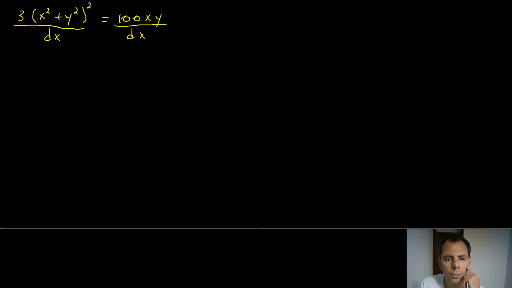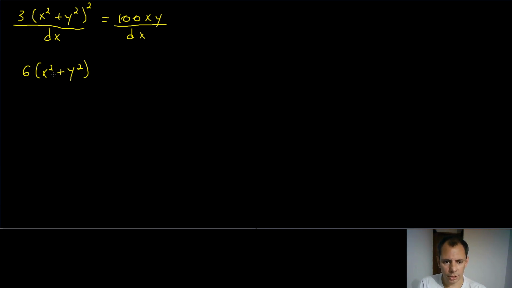This 2 is going to come over here. The 3 is just a constant, so it's 3. This 2 is going to come over here, and this 2 minus 1 is going to become 1. So it's 6 times (x squared plus y squared), and the power just becomes a 1.